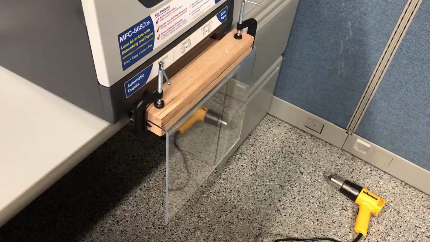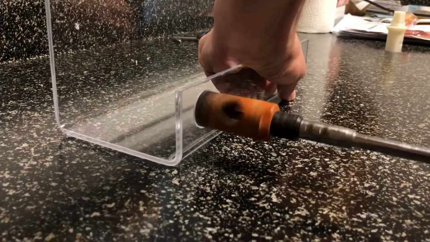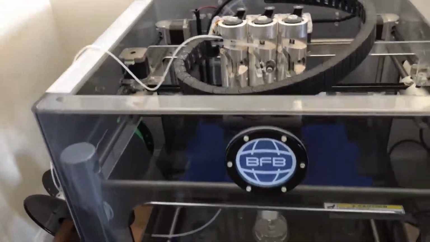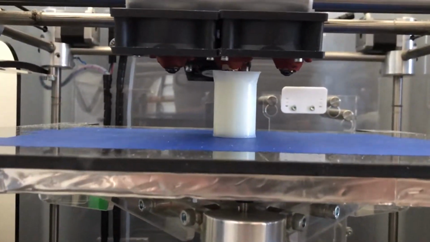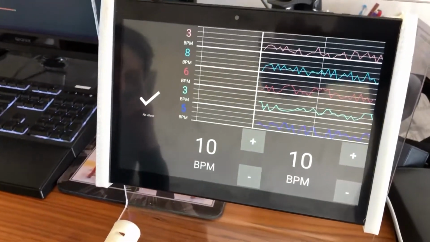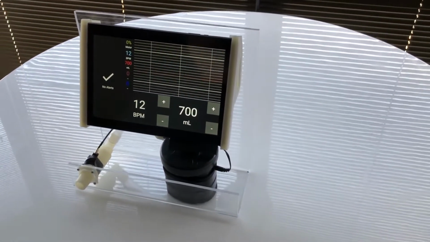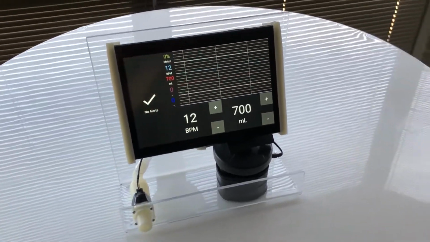So we put our heads together and designed a ventilator. So we have put together a little breathing machine.